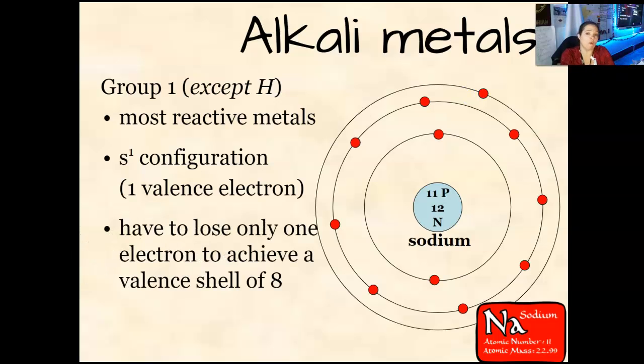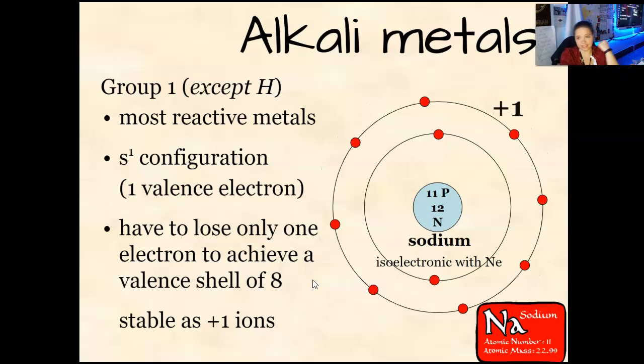which means they only have one electron to lose, which is easier to do than losing more than one. So what happens is, watch this little dude. Because they're stable as +1, that gets gotten rid of or borrowed or shared, depending on what you're looking at.